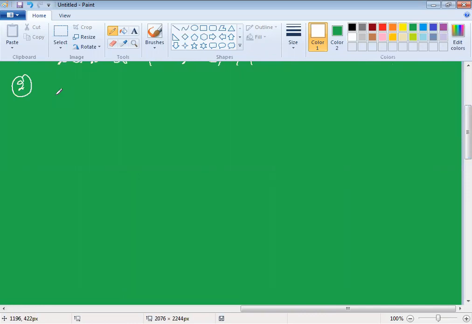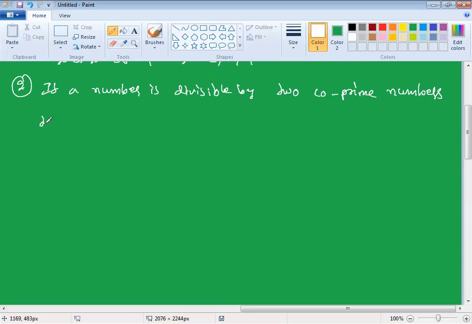See here, if a number is divisible by two co-prime numbers, then it is divisible by their product also.